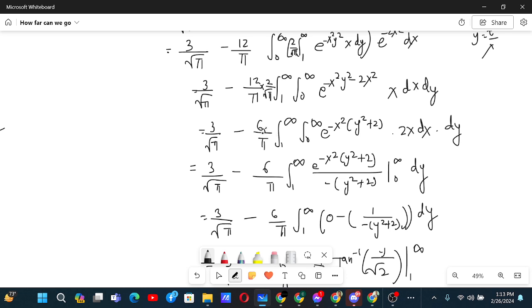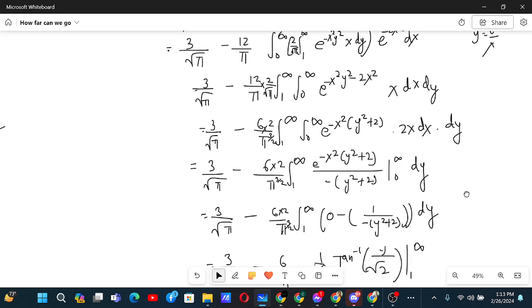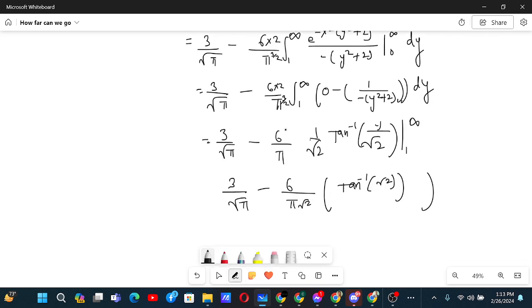Now this will be 3 by root pi minus 6 root 2 by pi to the power 3 by 2 tan inverse root 2.